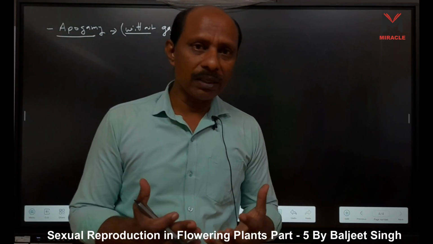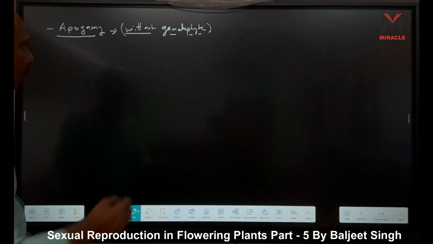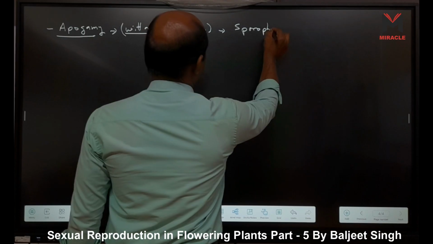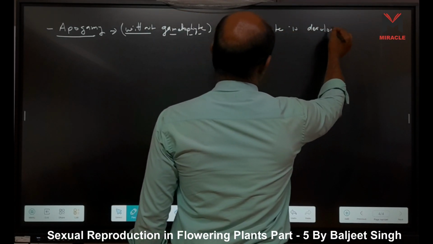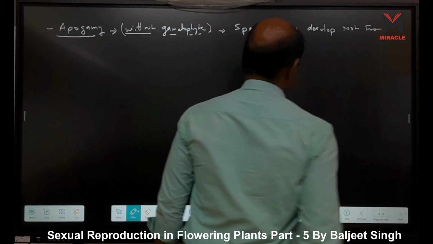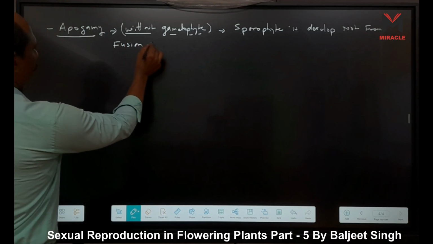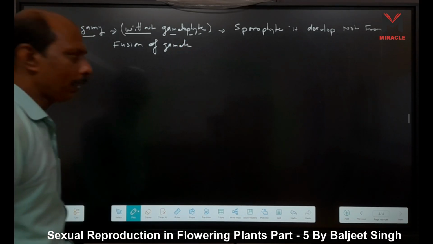A sporophyte is developed from any cell, but not from the egg cell. The sporophyte is developed not from fusion of gametes.